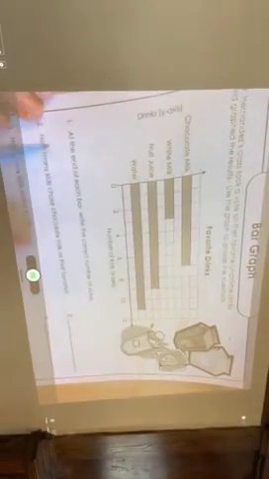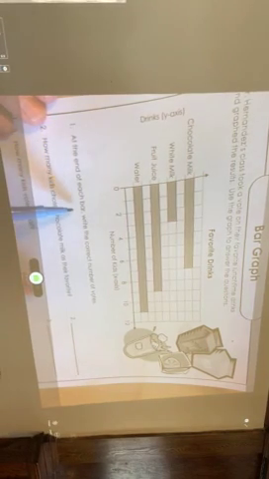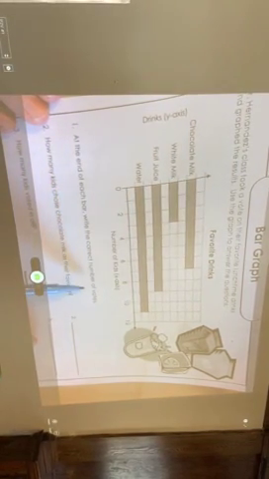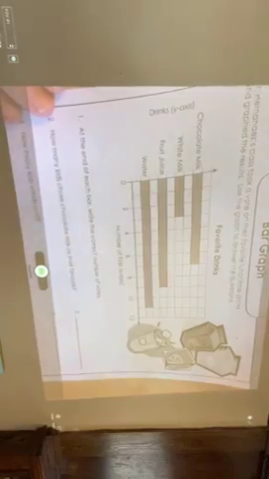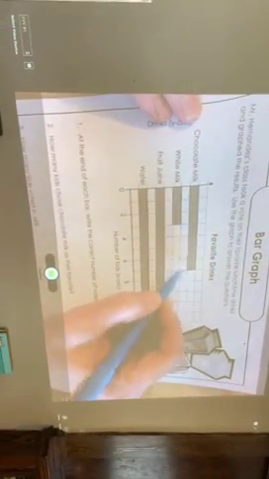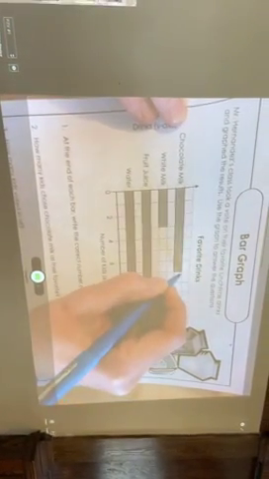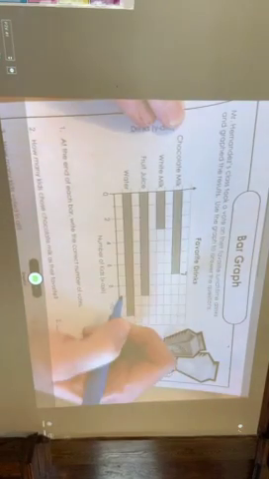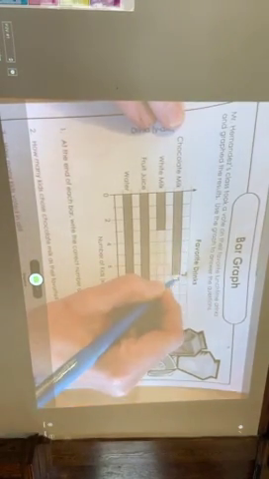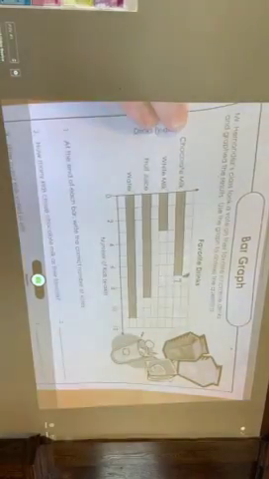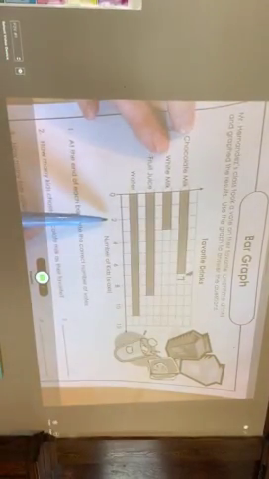Okay, so number 1 says, at the end of each bar, write the correct number of votes. I'm doing that right now. I'm going to chocolate milk and following it down. Wow, it's between the 6 and the 8, so I'm going to write that 7 students chose that. It asked me to do it at the end of the bar, so I'm going to write it right there. The next one is white milk.